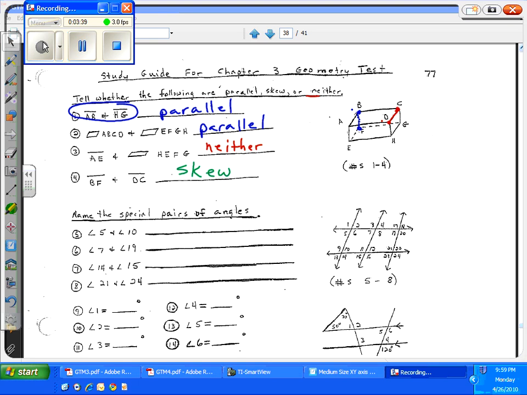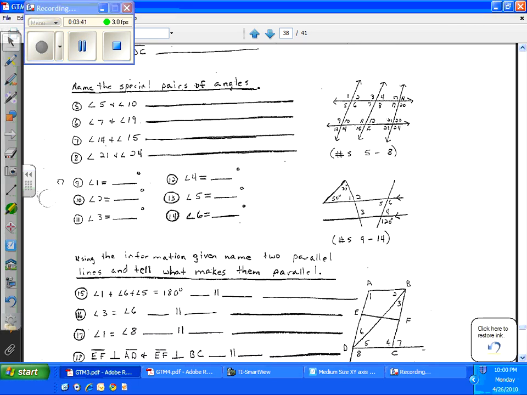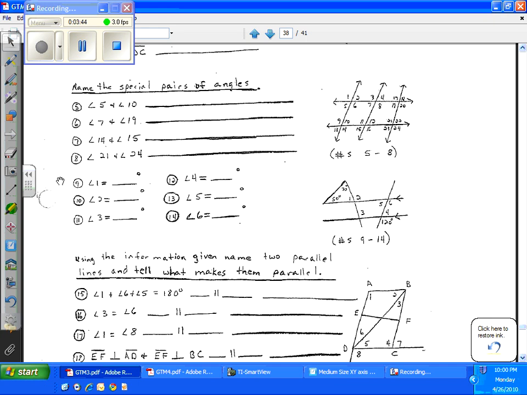Number 5 through 8, special pairs of angles. Now what we're talking about here are alternate interior angles, corresponding angles, and same side interior angles. The formal definitions: alternate interior angles are two non-adjacent interior angles on opposite sides of the transversal. Corresponding angles are two angles in corresponding positions relative to the two lines.